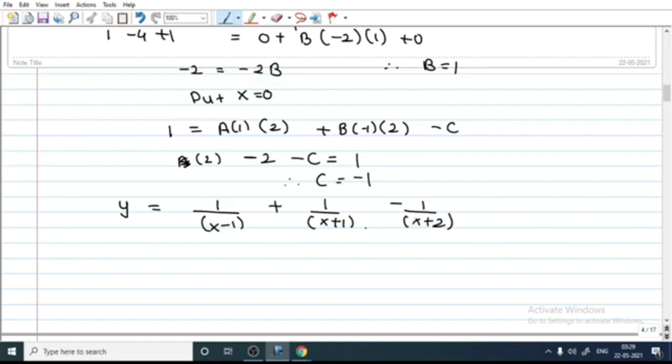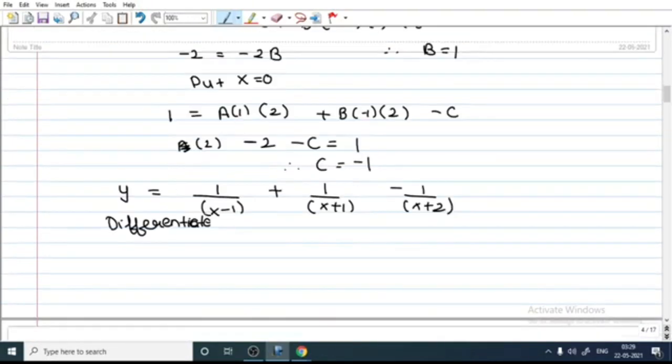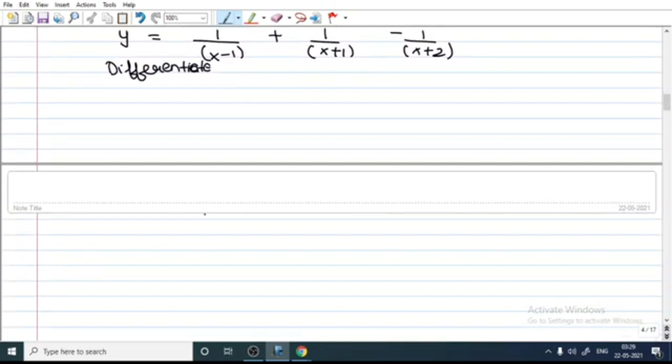So we got all of them. Now differentiate y with respect to x, n times.